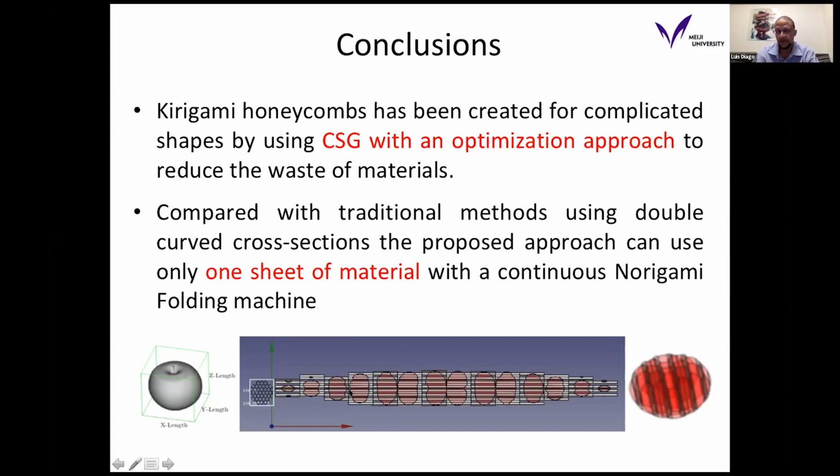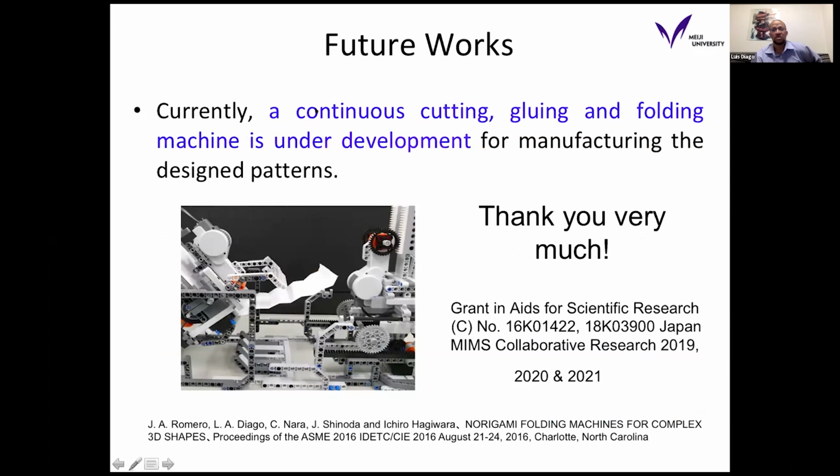So this is one example of the type of pattern we receive in order to create any 3D shape. This is an apple, but any model can be used. The origami folding machine is a machine we have previously developed, which can only fold patterns in a linear way, in the accordion type patterns with a Yamatani.